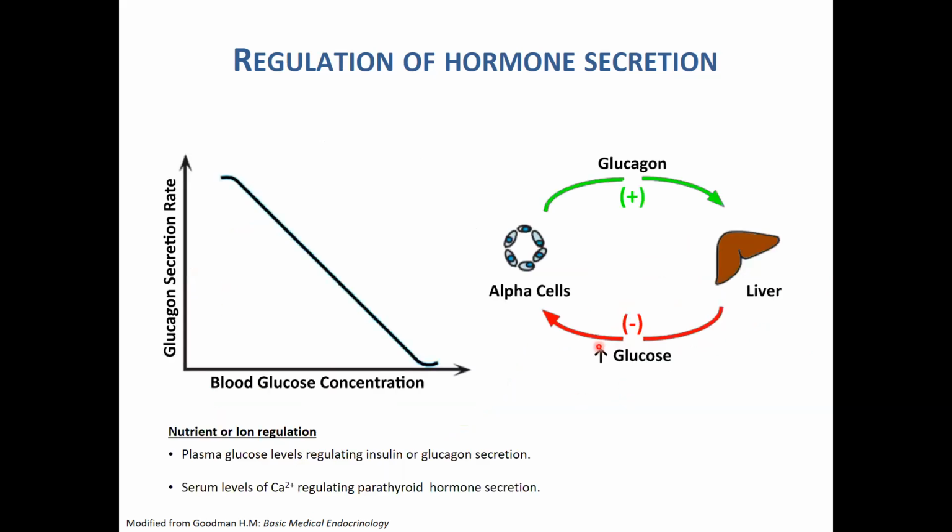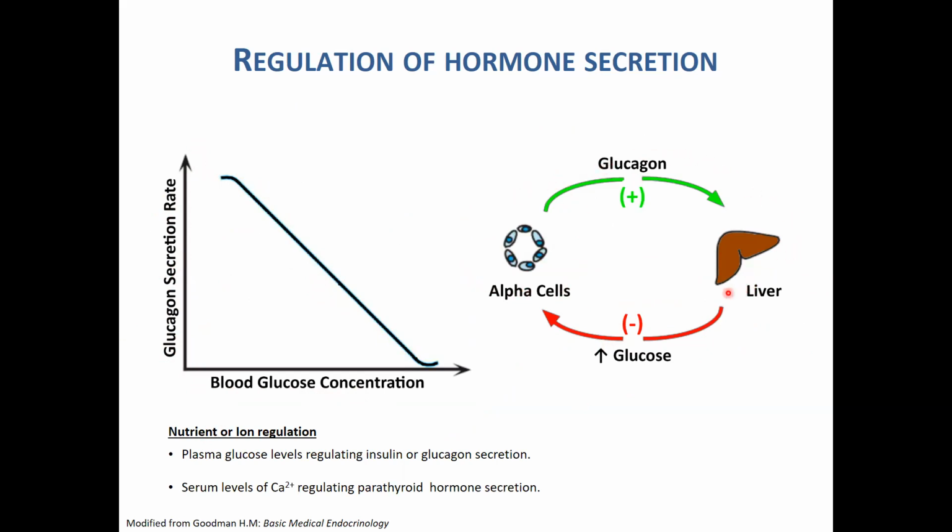So here are some examples of that. In this particular graph, we're looking at glucagon secretion versus blood glucose concentration. You notice as blood glucose concentration increases, glucagon secretion decreases. So the alpha cells in the pancreas produce the hormone glucagon.